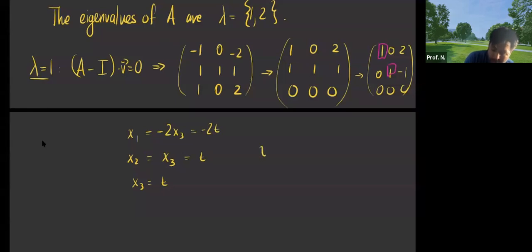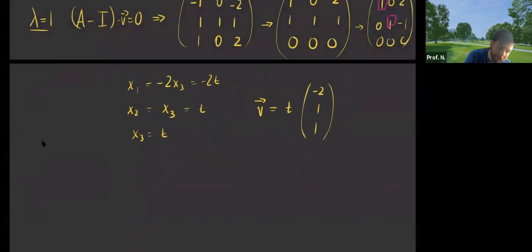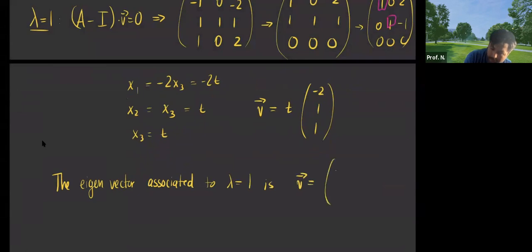So what does the eigenvector look like? Well, it's a scalar multiple of negative 2, 1, 1. So the eigenvector associated to eigenvalue 1 is negative 2, 1, 1. So that's going to be my eigenvector.